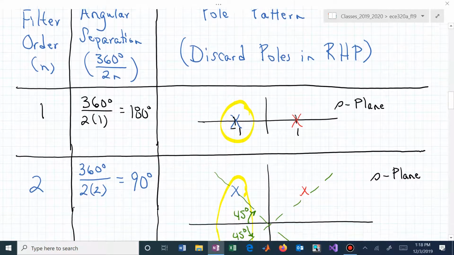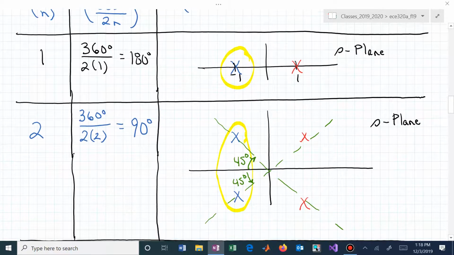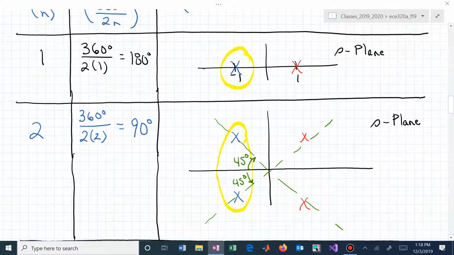What if we now up that to a second order? Now we have 4 poles. We divide 360 by 4. That says that our poles are separated by 90 degrees.